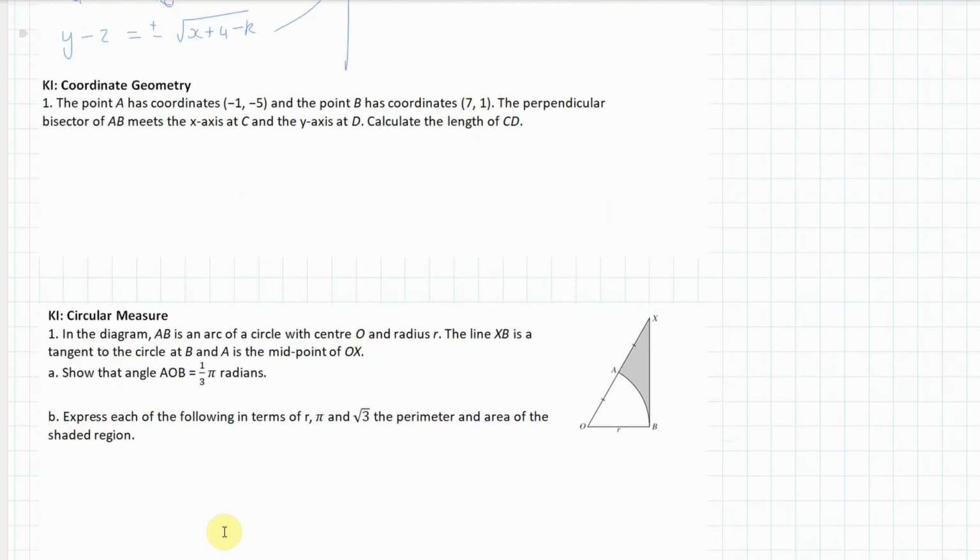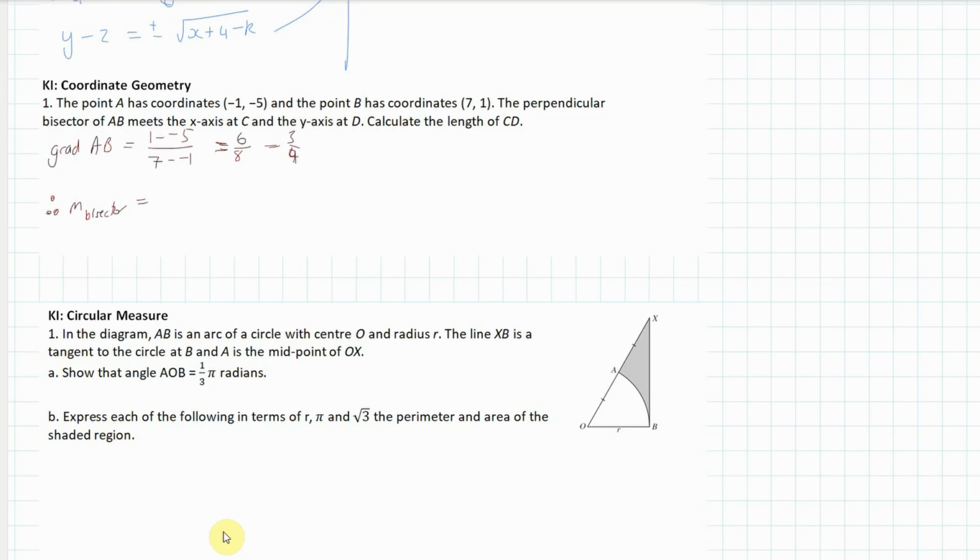Now the next one is a coordinate geometry question, and we're trying to find a perpendicular bisector. So first of all we want to find the gradient, so gradient AB, change in y over change in x, so 1 minus minus 5 all over 7 minus minus 1, so we get 6 over 8, which is 3/4, and therefore the gradient of the bisector should be equal to the negative reciprocal.